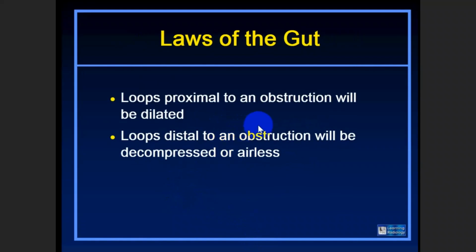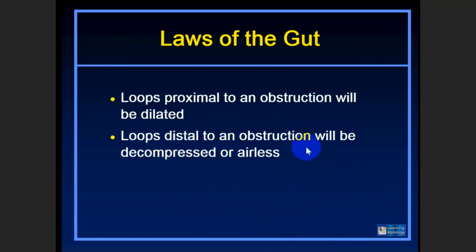For example, if we have a pipe with an obstruction, the area proximal to the obstruction is always dilated, and the area after the obstruction is always collapsed.